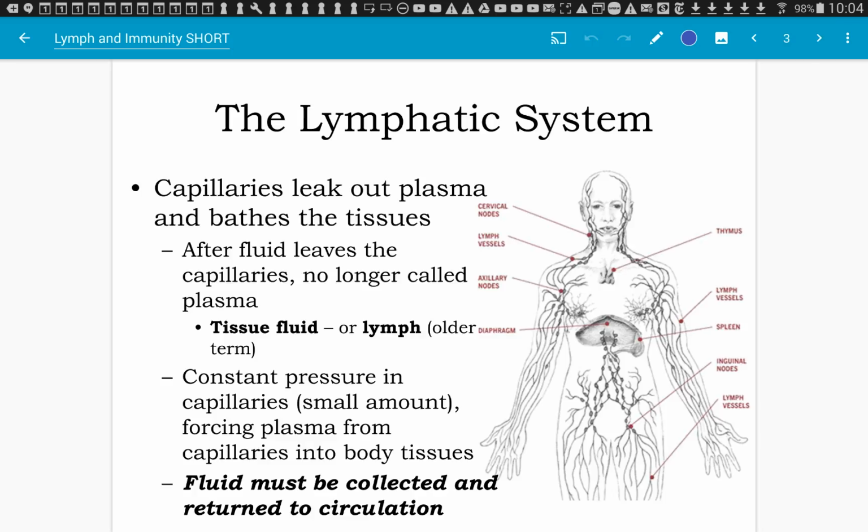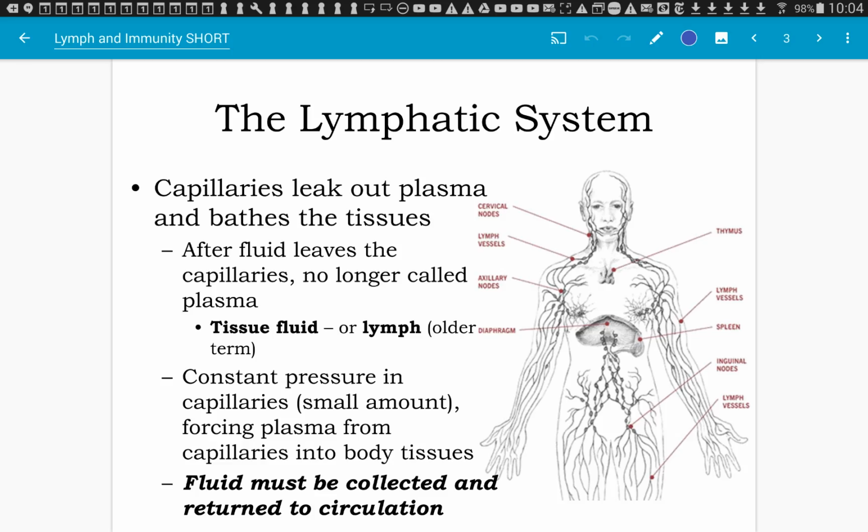Okay. So lymphatic system. So first of all, we back up talking about the circulatory system. In the capillary beds is where we have those fenestrated capillaries, where the plasma is able to seep out into the tissues, and gas exchange and nutrient exchange, all that great stuff happens.